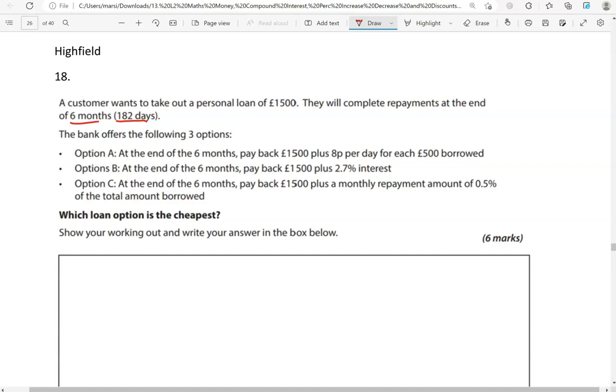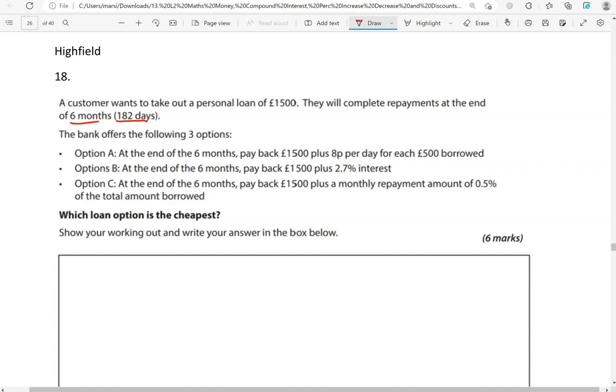Option B, at the end of the 6 months, pay back £1,500 plus 2.7% interest. Option C, at the end of 6 months, pay back £1,500 plus a monthly repayment amount of 0.5% of the total amount borrowed. Which loan option is the cheapest? Show your working out and write your answer in the box below.